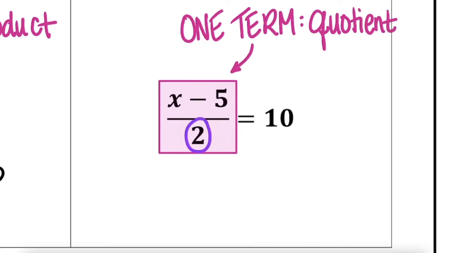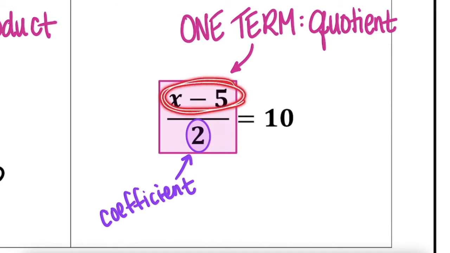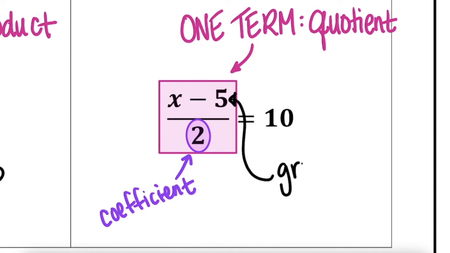That would mean that 2, in this case, is our coefficient. That's the part that's either being multiplied or divided. And again, everything else, our variable term and our constant, are stuck in a numerator. And a numerator is essentially the same idea as a group. I can't break them out of that group without first dealing with my coefficient.